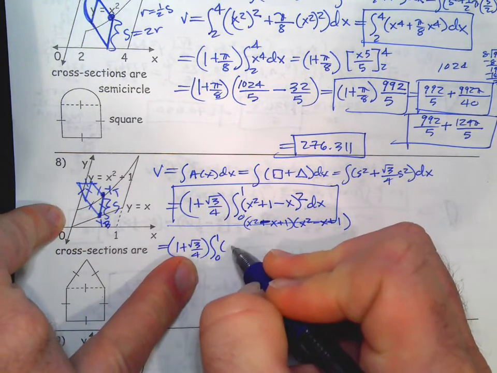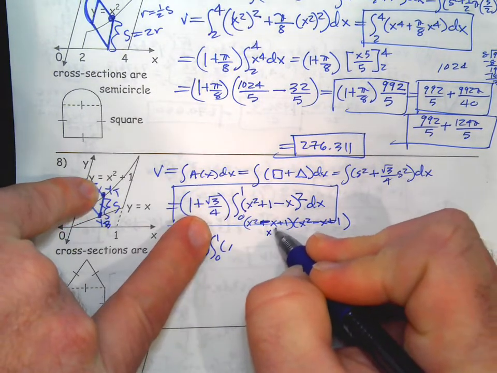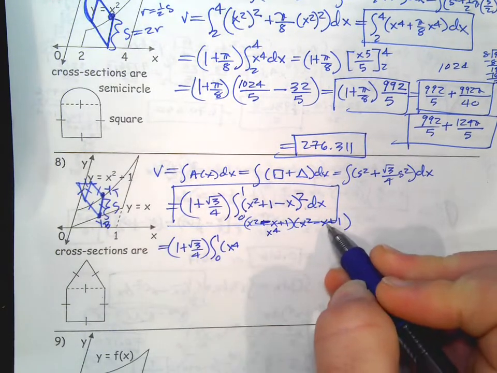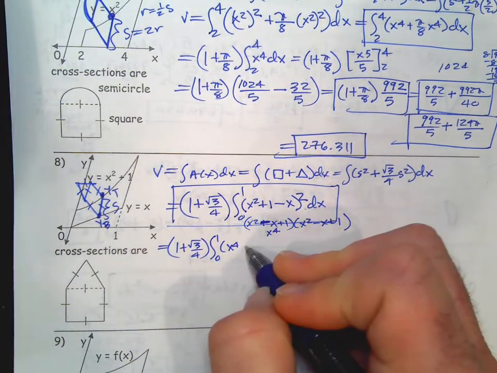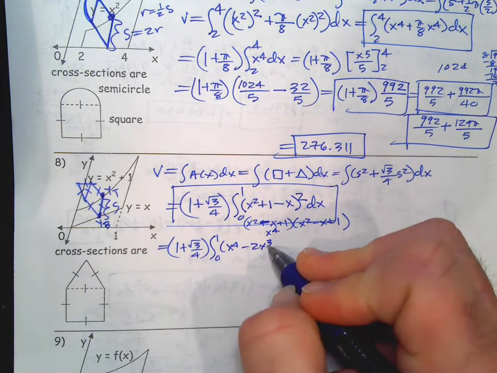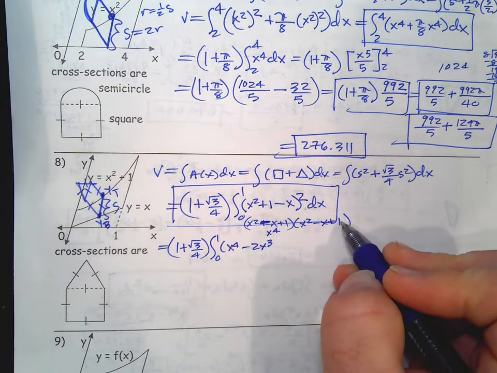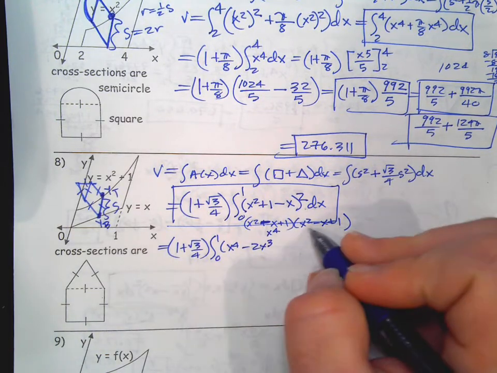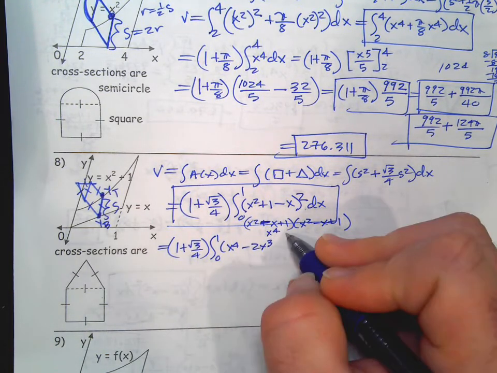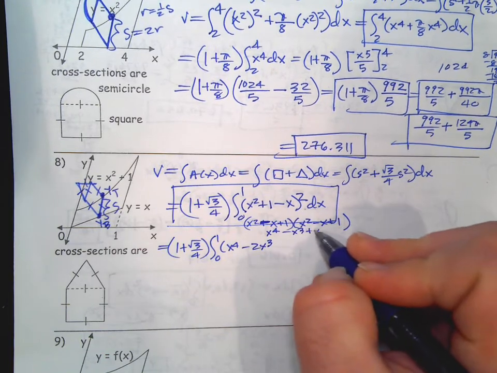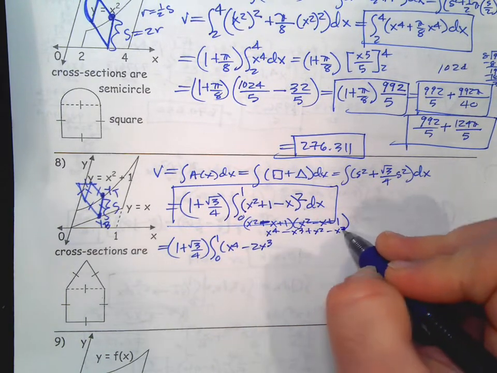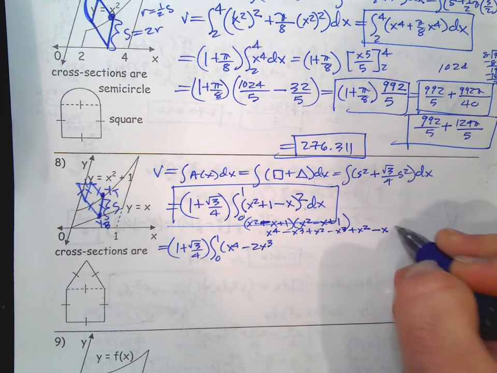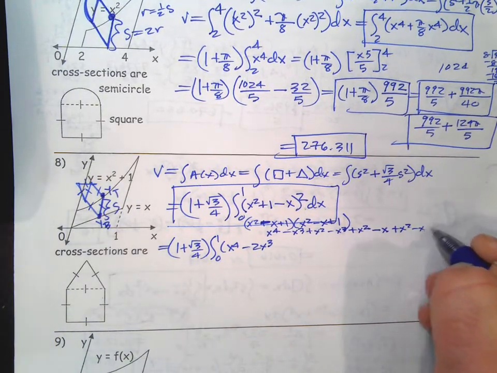So it would be x to the 4th, minus x cubed, another minus x cubed, and then you get an x squared, plus x squared, minus x plus x squared minus x plus 1.